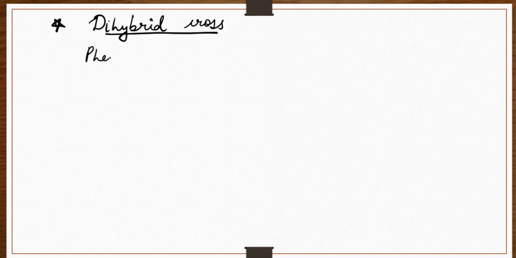We remember that the dihybrid cross was giving us a phenotypic ratio of 9 is to 3 is to 3 is to 1. What was the phenotypic ratio? Phenotypic ratio was 9 is to 3 is to 3 is to 1. This was the ratio which we had got.